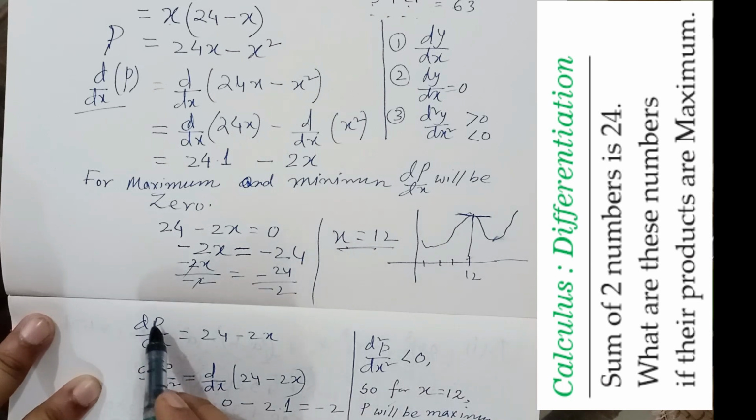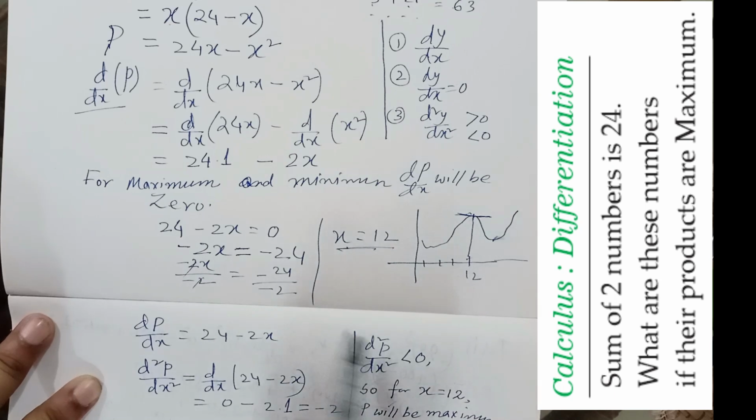But here d2P by dx square has no x, it becomes directly -2. So you are taking the decision without putting values of x here, because the x term is not there, so it became less than 0. So for x equal to 12, P will be maximum.